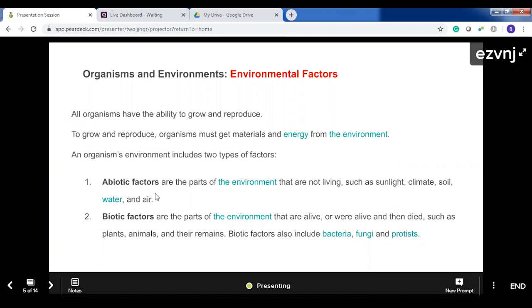They are part of the non-living, or abiotic, factors of the environment. And we have biotic factors, which are parts of the environment that are alive or were once alive, such as animals, plants, bacteria, fungi, protists. So everything which is made up of cells is a living thing, and it is part of the biotic factor of the environment.